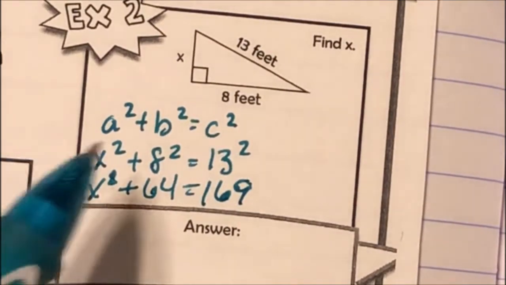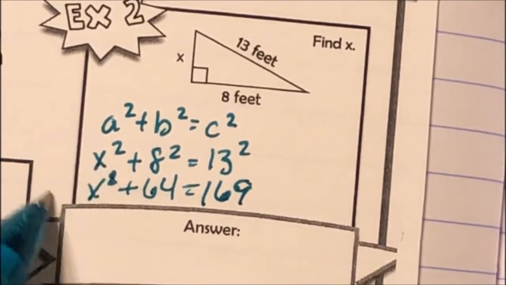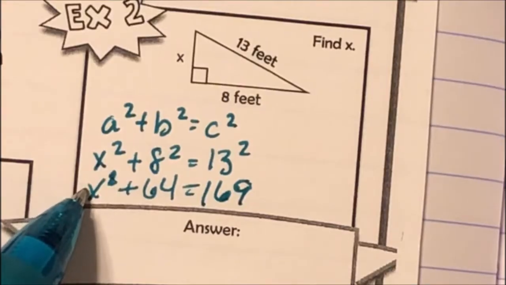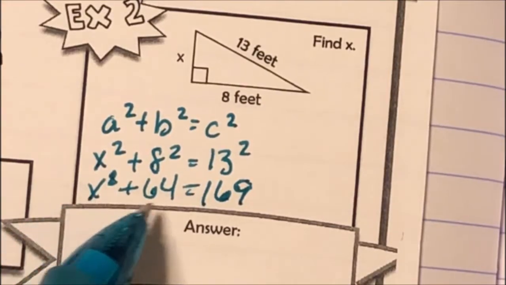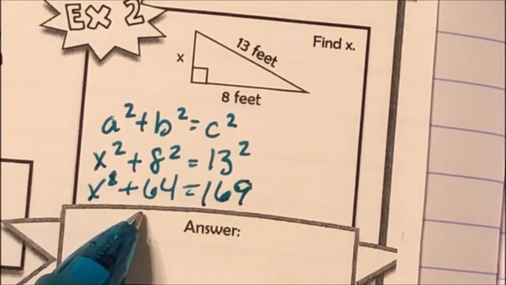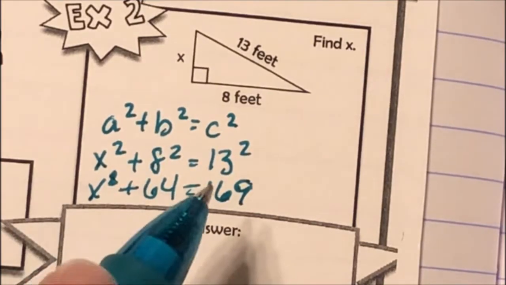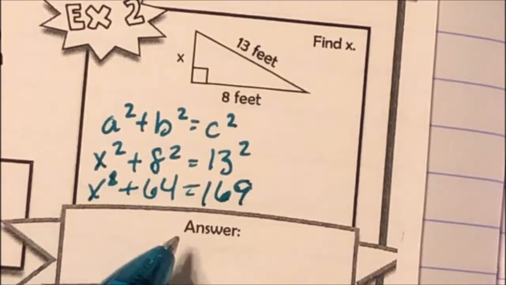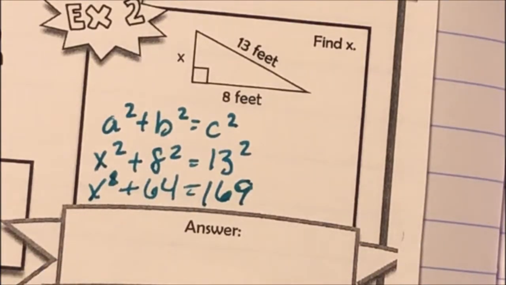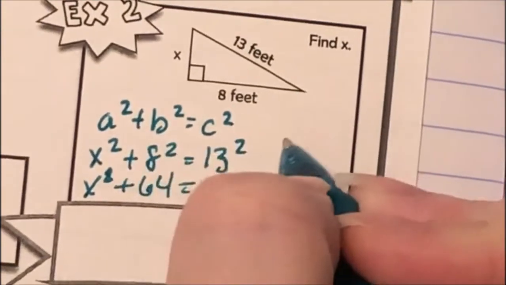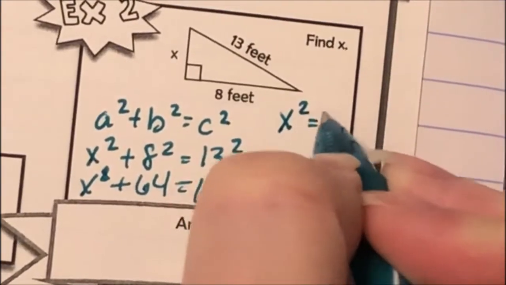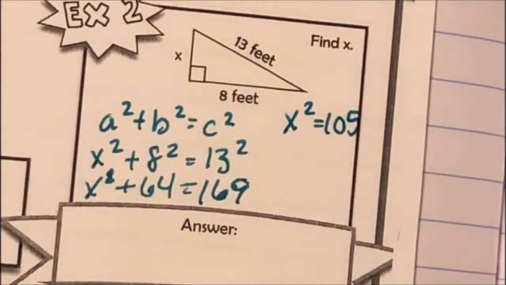Okay. Now I have x squared over here. I want to get x squared by itself. In order to do that, I have to get rid of the 64. The opposite of addition is subtraction. So I'm going to subtract 64 from both sides. 169 minus 64 is 105. Okay.